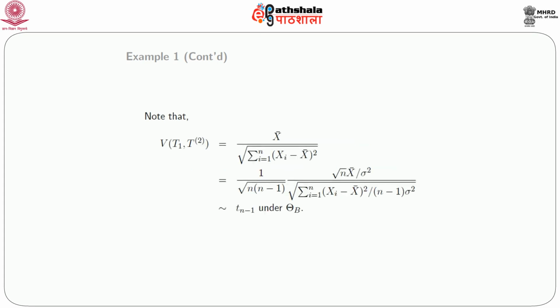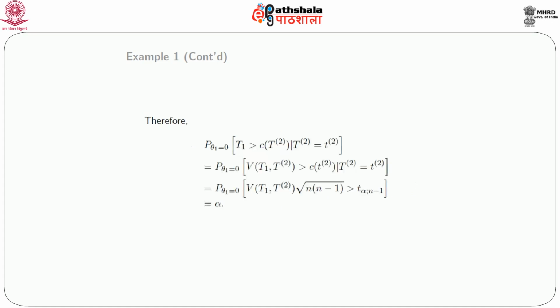Note that V(T1, T2) is actually x bar divided by the square root of the summation of (xi minus x bar) squared, and it follows a t distribution with n minus 1 degrees of freedom under Theta_B. Therefore, the probability under theta1 equal to 0 that T1 is greater than c(T2), given T2, is actually the probability under theta1 equal to 0 that V(T1, T2) is greater than c'(T2), given T2, and it is actually the probability under theta1 equal to 0 that V times the square root of n(n minus 1) is greater than t_alpha, n minus 1.